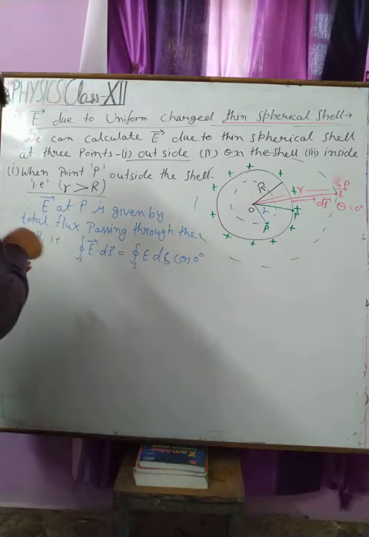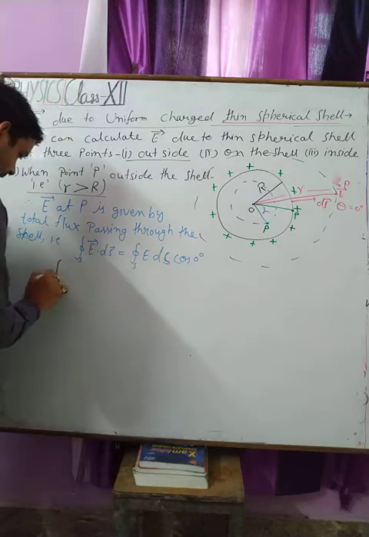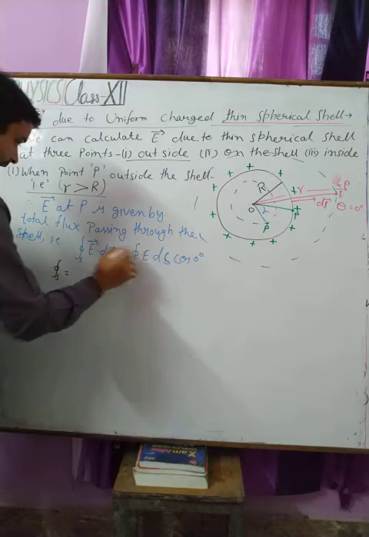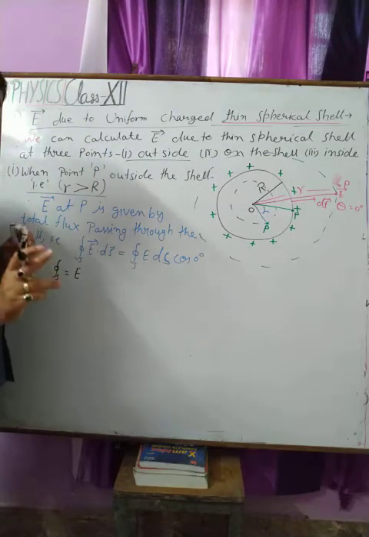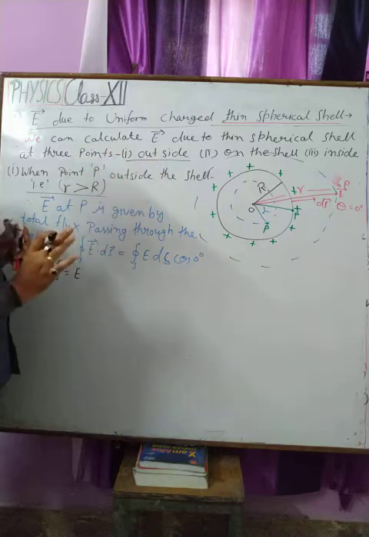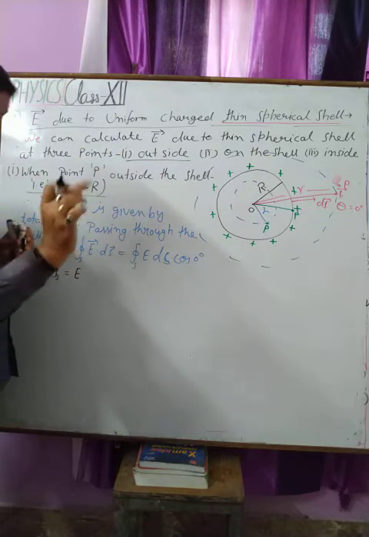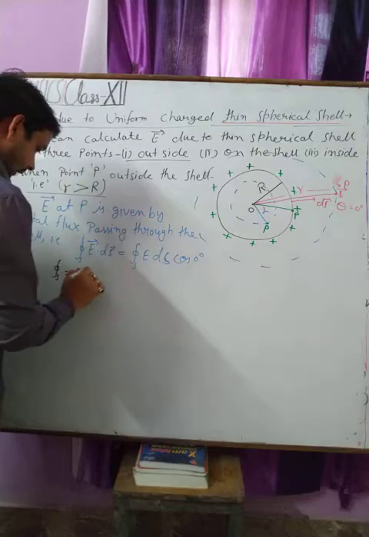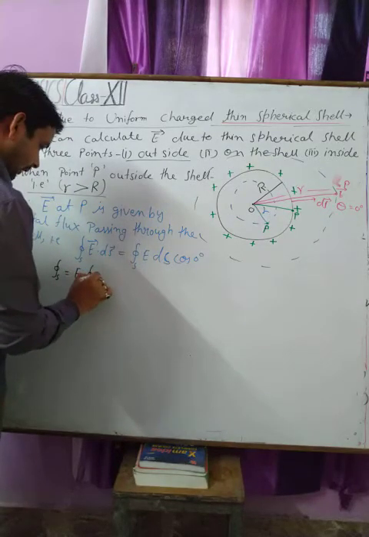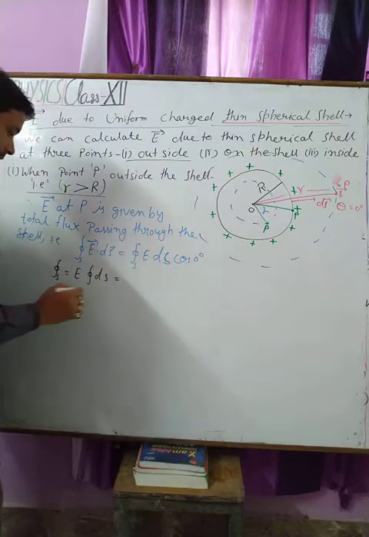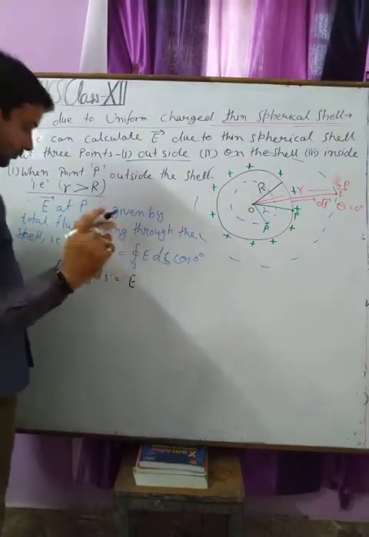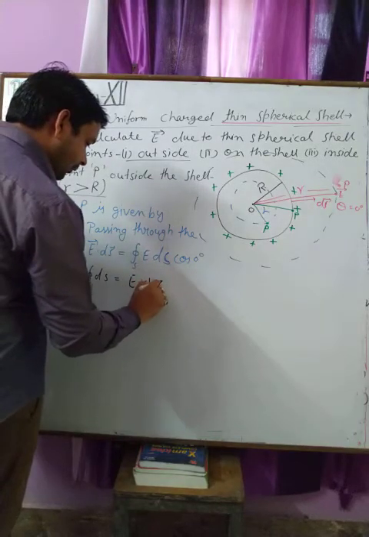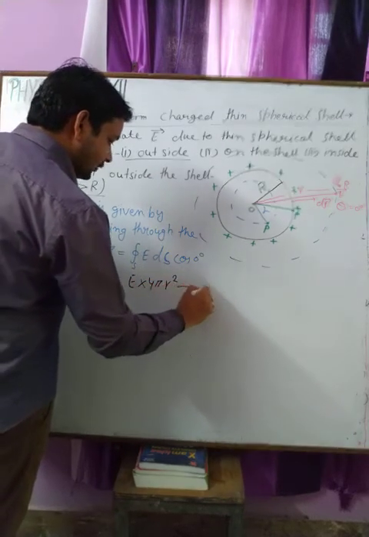When we calculate this value, we find E is a constant because the charge is equally distributed over the surface, which means at every point the electric field due to this thin shell is equal, that is E, and the surface integral of ds is the area of a sphere, 4 pi r square. This is your equation first.